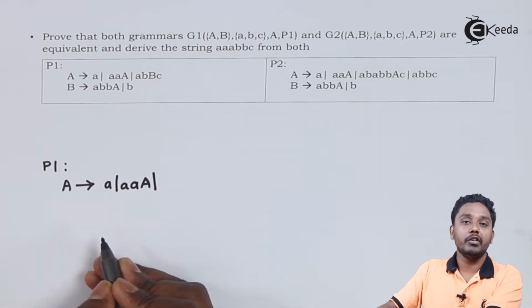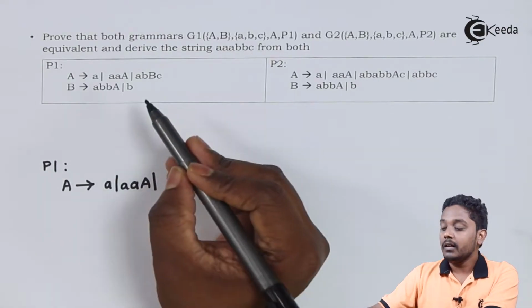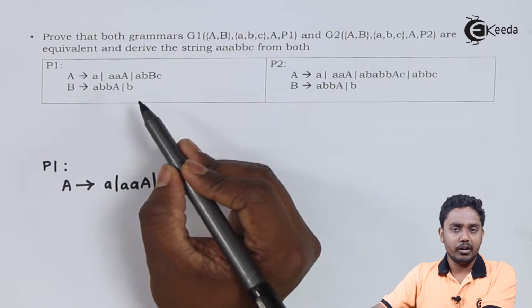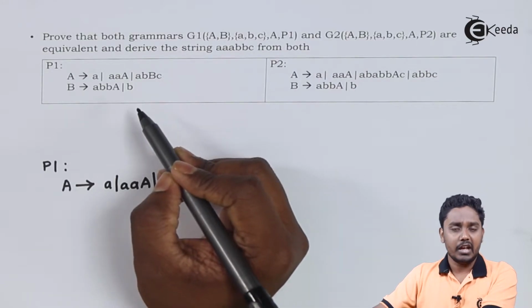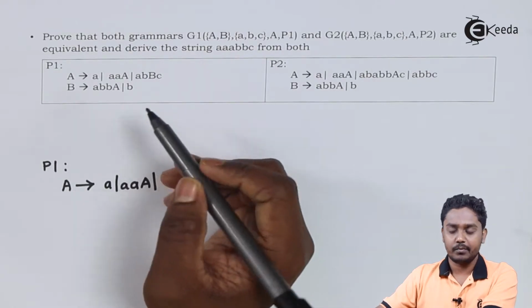Both productions are not using B, so we write those productions as it is. In the next production after A, B, there is B as a non-terminal. We have to replace this B with its productions' right hand sides.